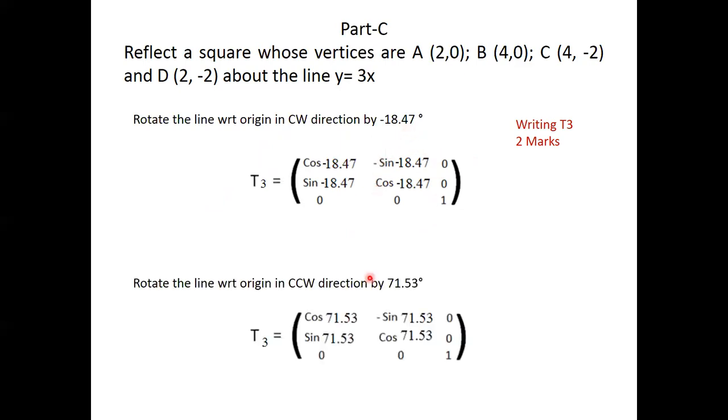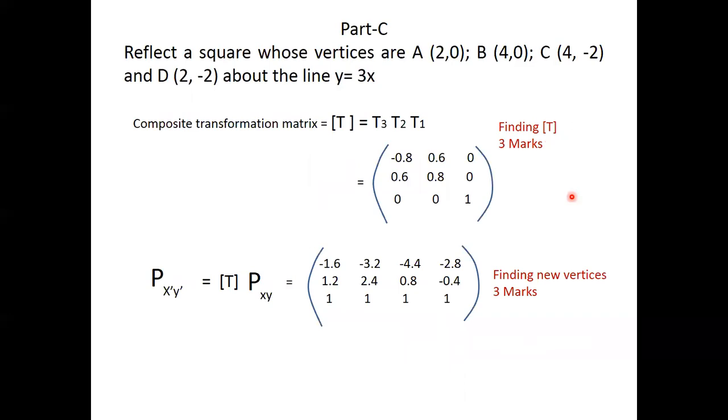If the line coincides with the x-axis and you have to bring it to its original position, rotate the line with respect to the origin by 71.53 degrees. For this case, the rotation matrix is given by this expression. Writing this expression carries 2 marks. For the composite transformation matrix, write the transformation matrices in reverse order, then carry out multiplication from left to right.